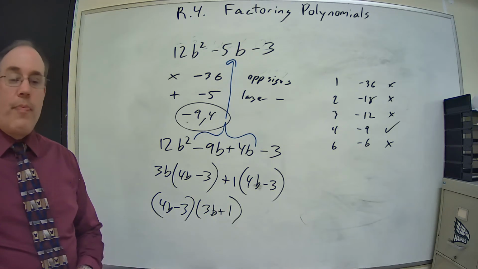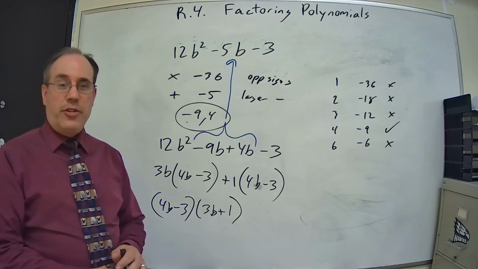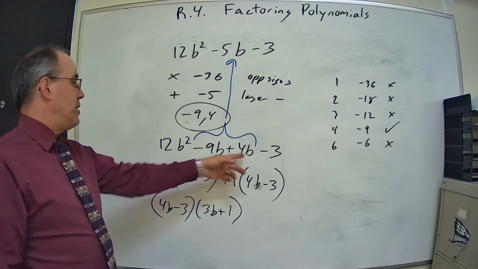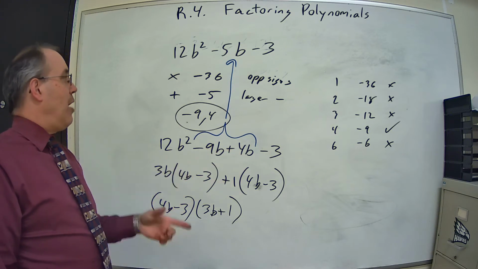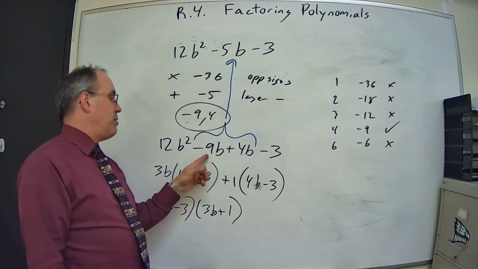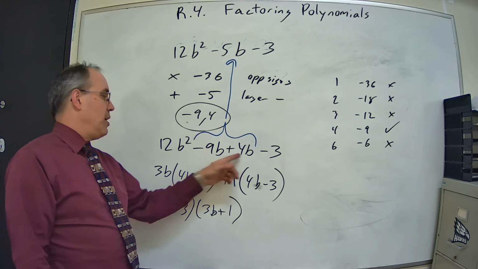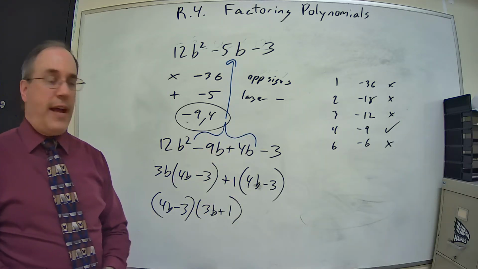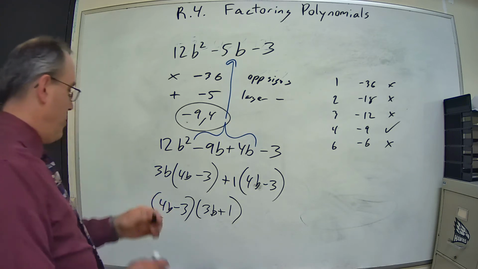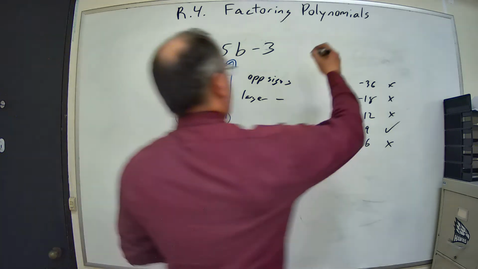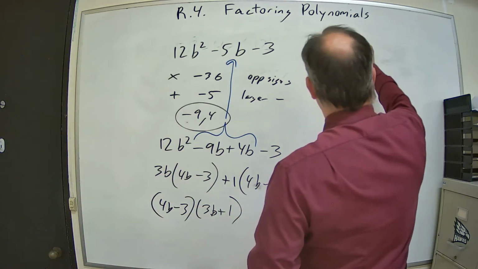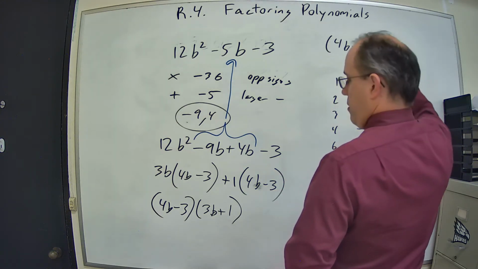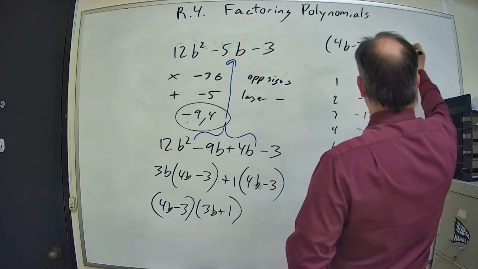So there we go. Now you may ask the question, but what if I don't put these in the same order as you did? How did I know to put negative 9b first and plus 4b second so that it could factor out? Well, let me move my factors up here: 4b minus 3 times 3b plus 1.